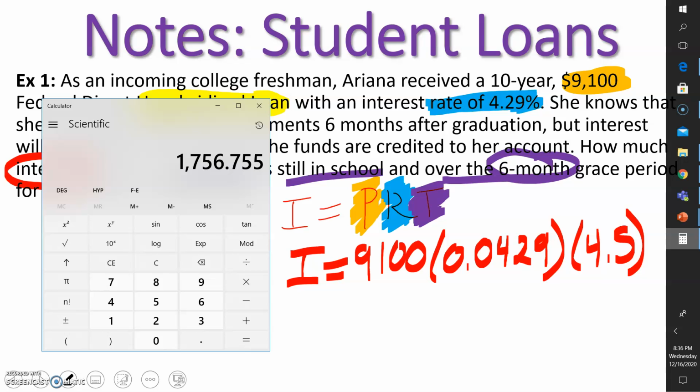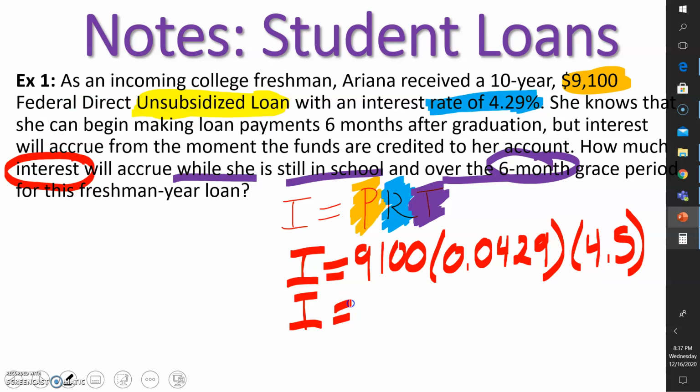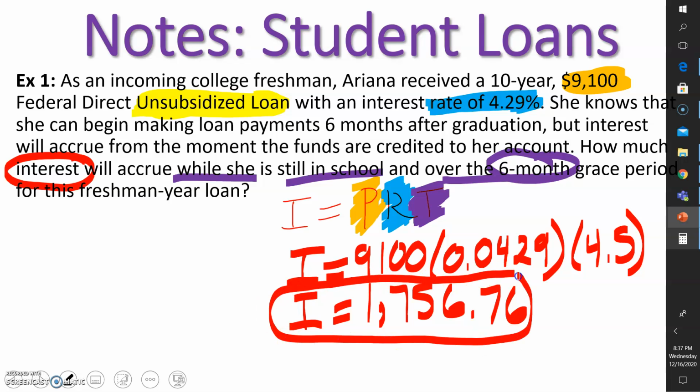We can see that the interest earned here is $1,756.76. And that would be the amount of interest that Ariana would be accruing, not earning, during her 4 years of college and that 6-month grace period.